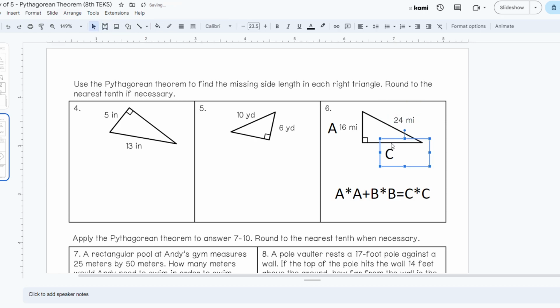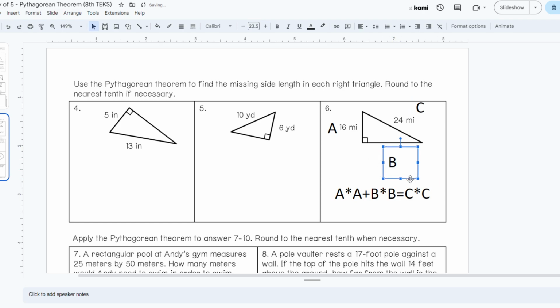C is always going to be opposite. That means the opposite side of where our right angle starts. And B is always going to be adjacent.